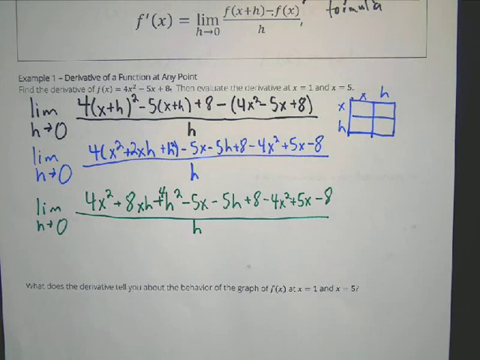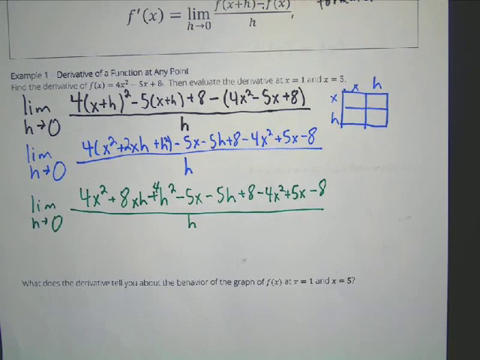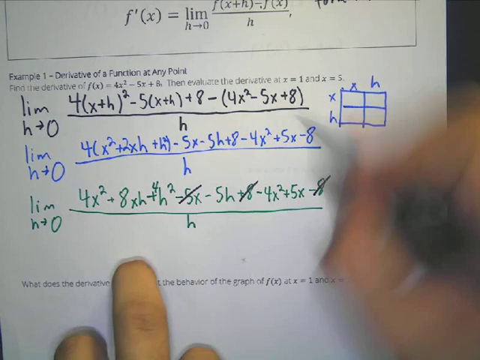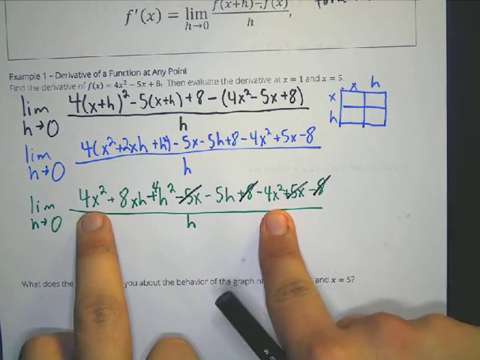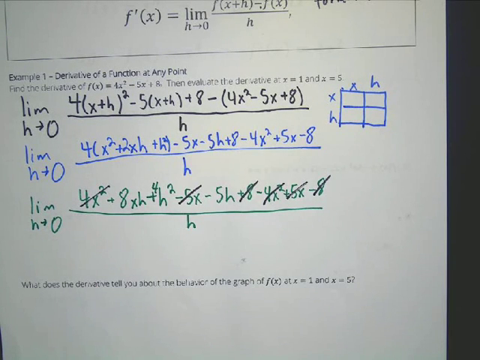So, anybody notice anything that cancels here? Yep, 8 cancels, 5x cancels, 4x squared. Pretty much anything without an h is going to cancel, right? So if you have everything with an h in the numerator, you're pretty much not going to cancel it, right?